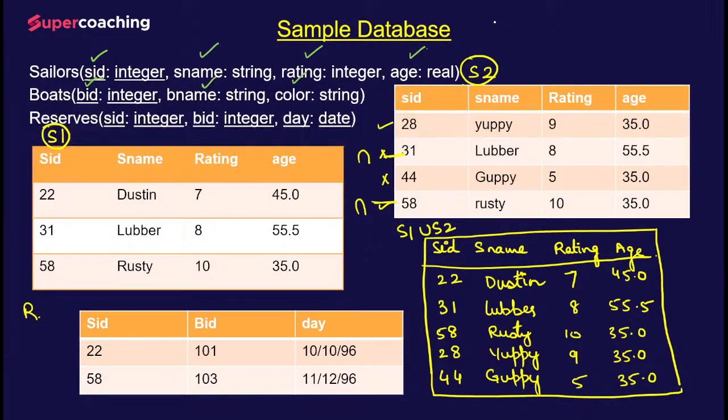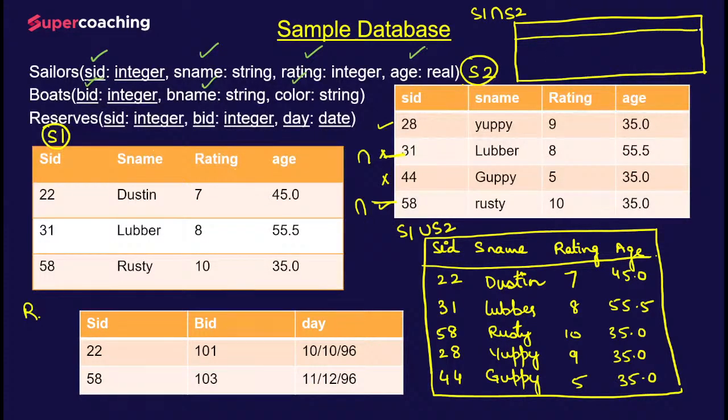And similarly, if I have to return the result after applying the intersection, intersection means the tuple has to be a part of both the instances. So we are getting two such tuples here. That is SID, S name, rating, and age.